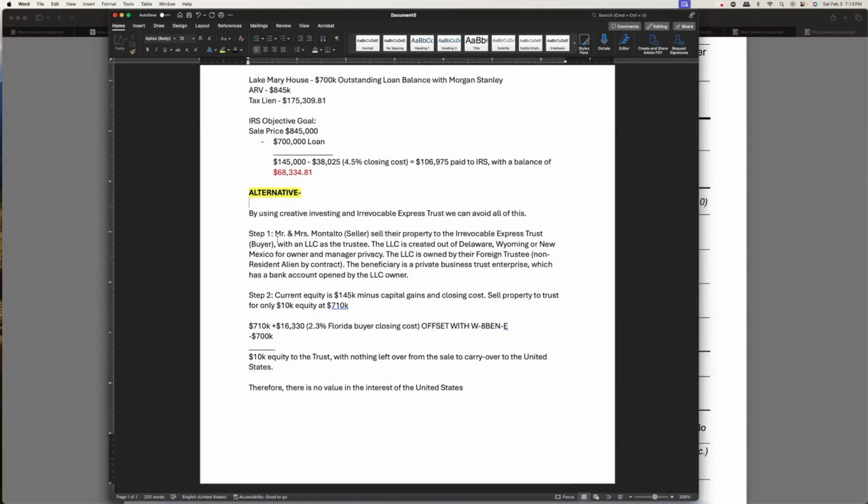That LLC is created out of Delaware, Wyoming, New Mexico, or maybe Nevada. Why those states? For owner and manager privacy. In New Mexico, for example, I could list the name of my registered agent as the manager, and I could list the registered agent's address everywhere, and the Secretary of State will accept it.